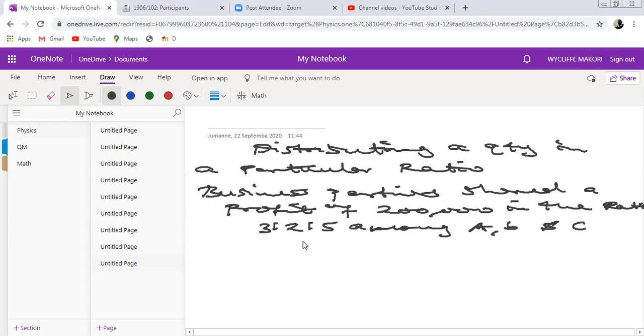It simply means that A gets the ratio of 3, B gets the ratio of 2, and C gets the ratio of 5.